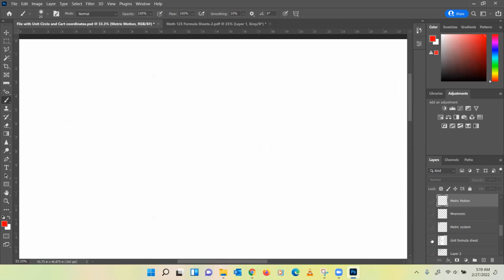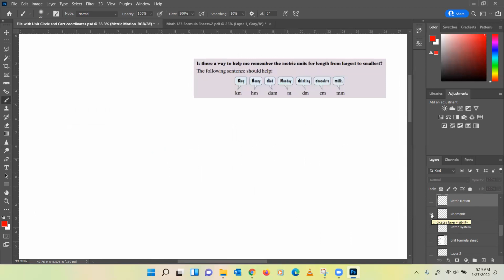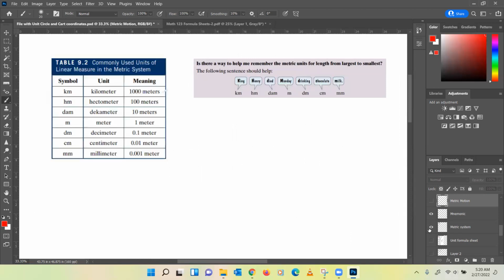We're also given a potential way to remember. Let me get the metric system back up here. A way to remember these units. I know you've got your formula sheet, but if we had, say, our units written from largest to smallest, kilometer, hectometer, decameter, meter, and so on, you might remember that using a mnemonic: King Henry died Monday drinking chocolate milk.